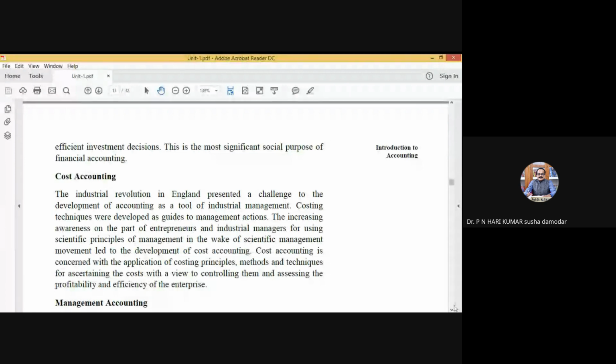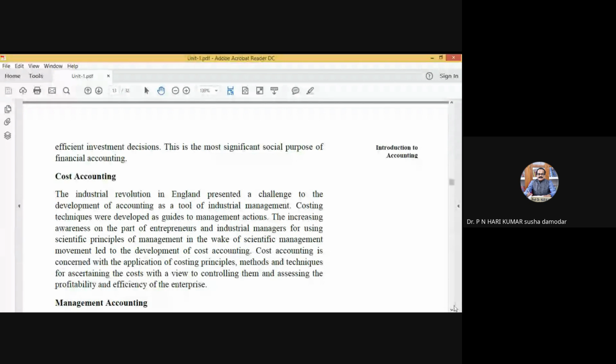What is the amount of cost for the product? What is the cost of expenditure? What is the cost incurred for producing a particular product? That shall be clearly mentioned by the cost accounting system. So what is the difference between financial accounting and cost accounting? Financial accounting deals with cash transactions or economic events, but cost accounting deals with the cost of a particular product when it is manufactured.